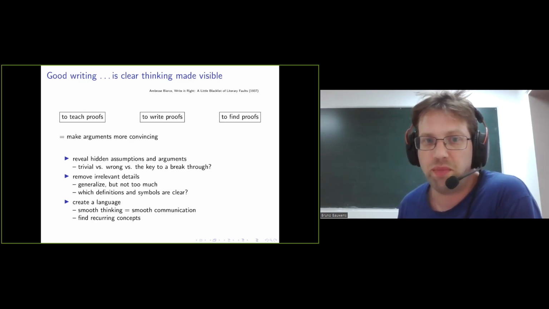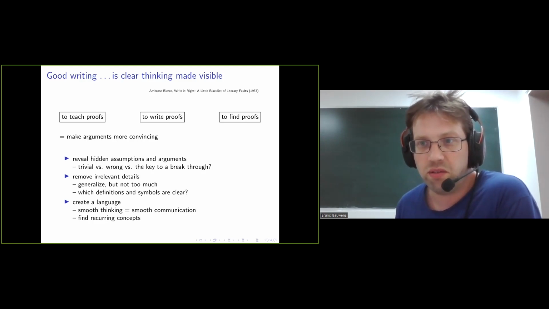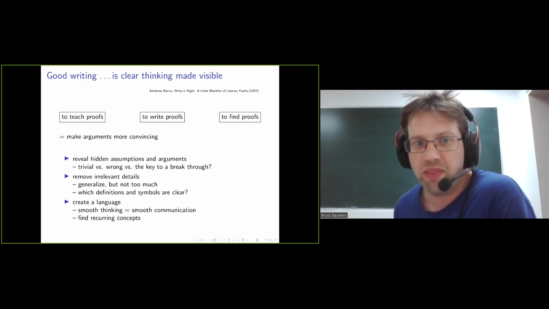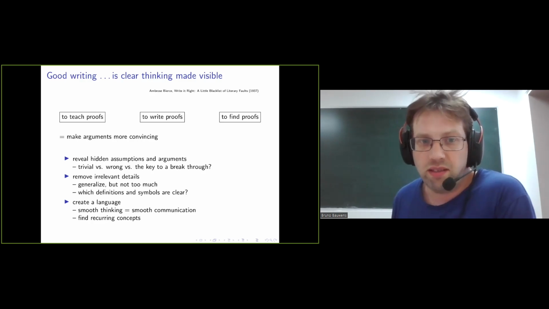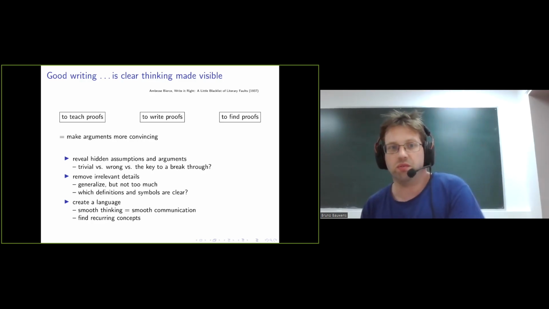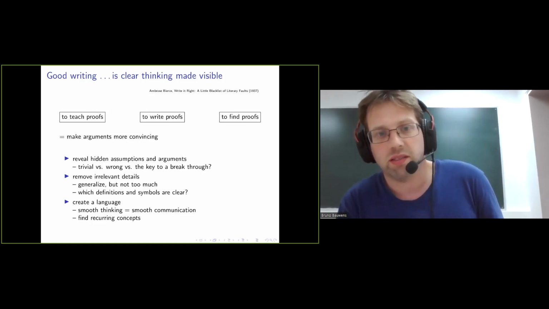It means information is hidden in your brain. You're not aware of something. It might be that the thing hidden is indeed something trivial, but very often it's some reasoning step that's wrong, or a reasoning step that's the key to a very genius idea. So writing forces you to reveal all little steps.